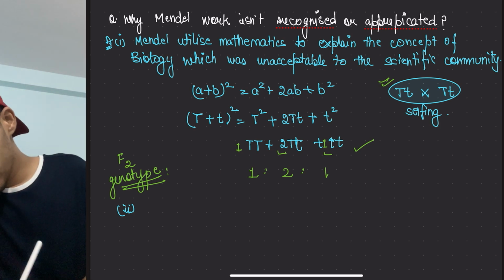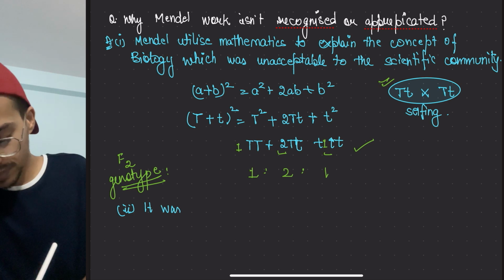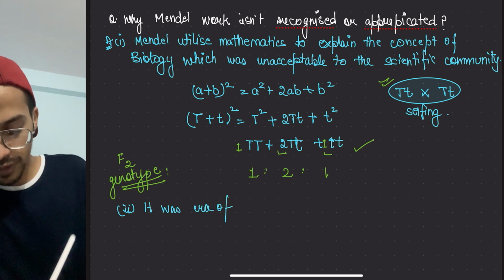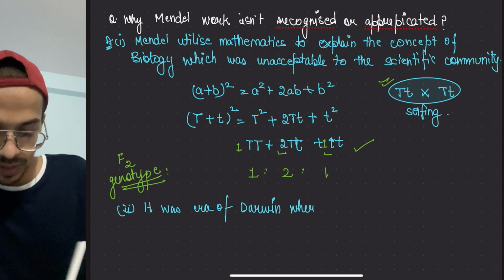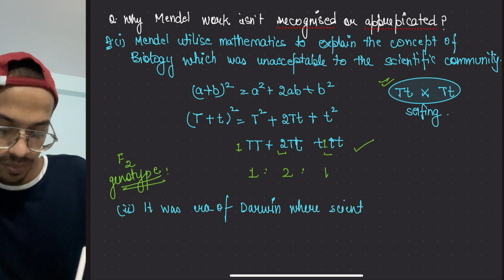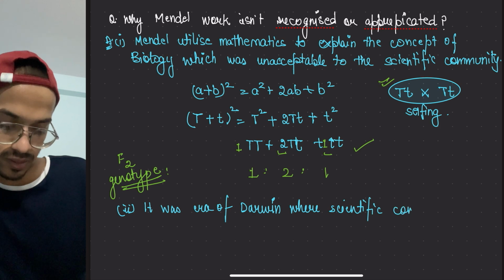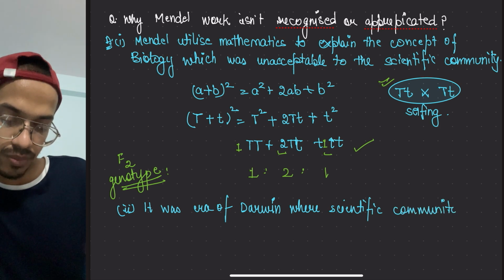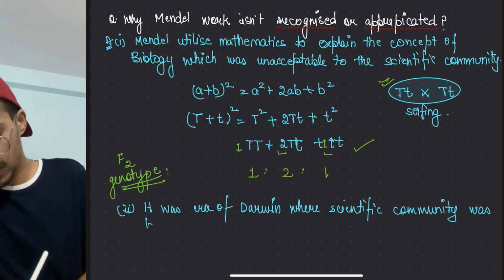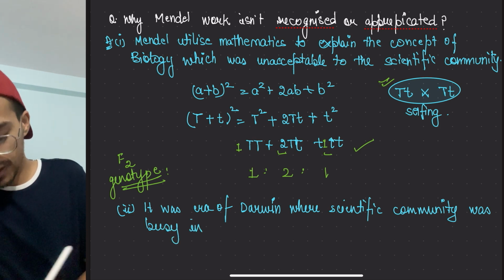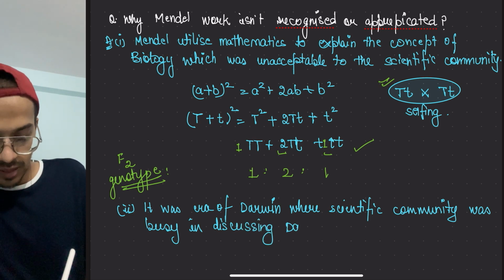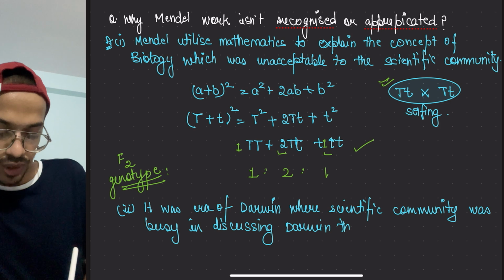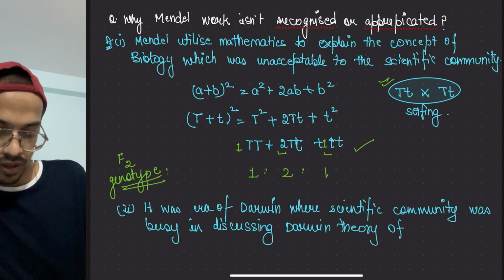So it was the era of Darwin, where the scientific community was busy discussing Darwin's theory of evolution.